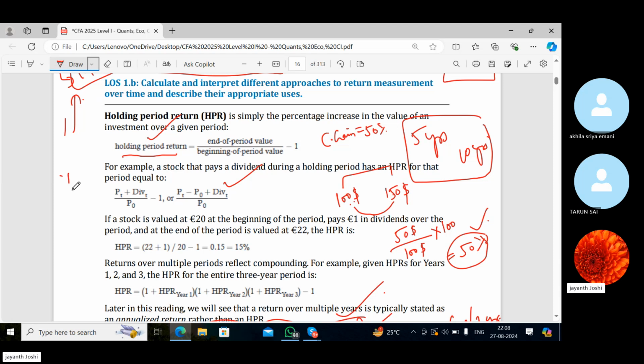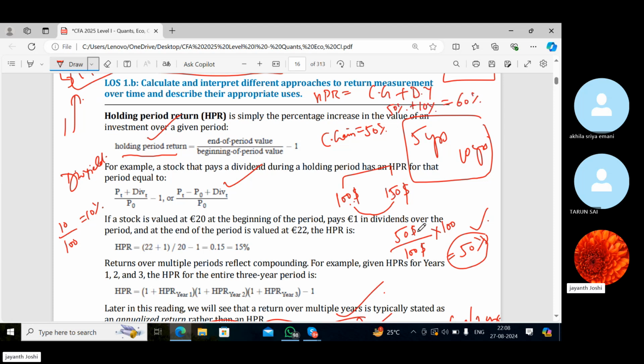But what about the dividend yield? Let's say the company is giving you $10 as dividend. So 10 upon 100, 10% is your dividend yield. So holding period return is nothing but capital gain on stocks which you are holding plus dividend yield. That is 50% plus 10%, which is 60%.